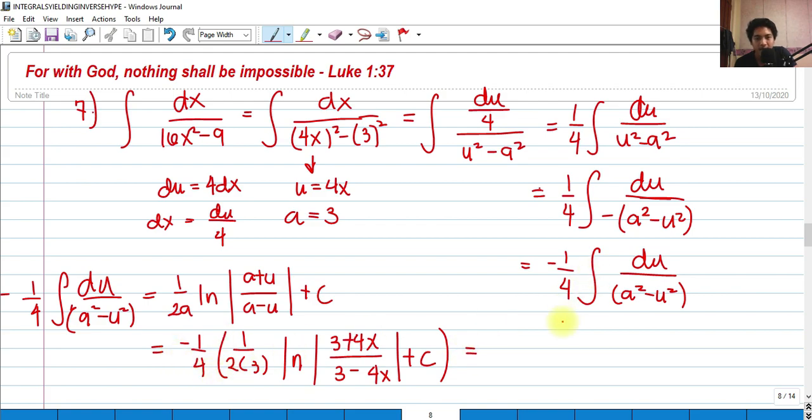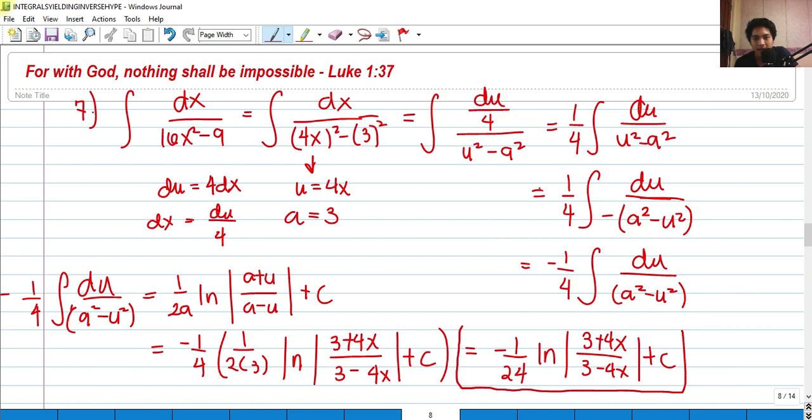So we have to distribute negative 1 over 4. So we have negative 1 over 2 times 3 is 6. Negative 1/4 times 1 over 6 is negative 1 over 24. That's the natural logarithm of the absolute value of 3 plus 4x all over 3 minus 4x plus c. So this would be our answer for this problem.